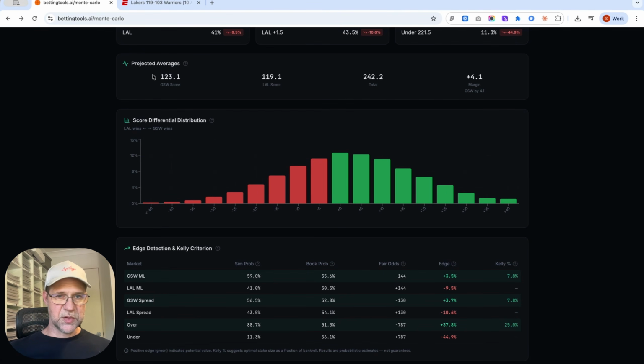The Warriors, not so good, but that's NBA and that's sport and that's what happens. Again, as I said, you take this with a grain of salt. It is just one model, but it's interesting to see that it actually got the Lakers score correct. So let's hang our hats on that one for this particular game and move on and see where we go from here. Anyway, just wanted to bring you that quick update.